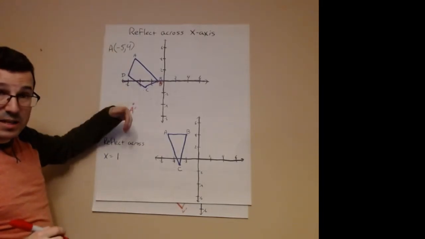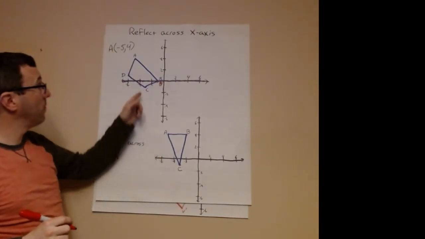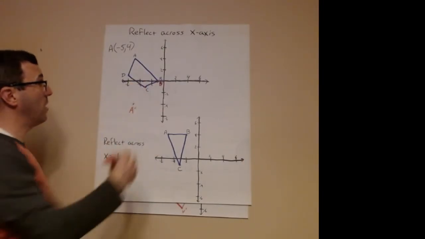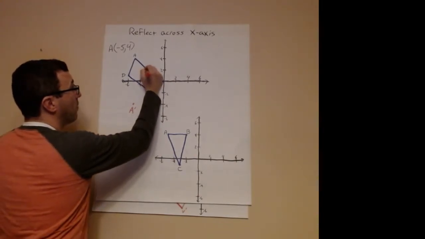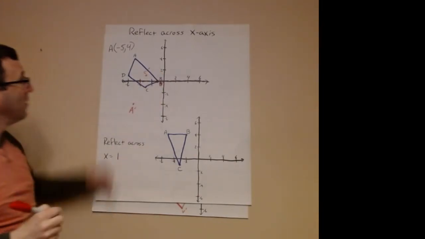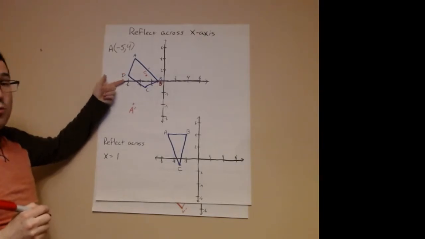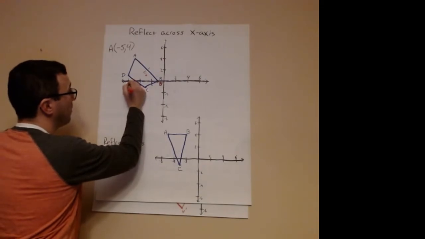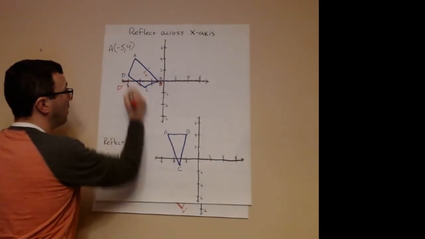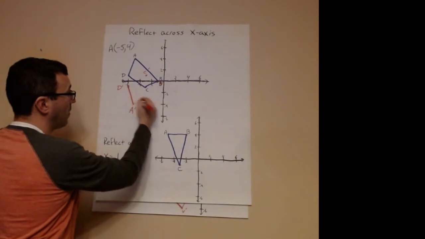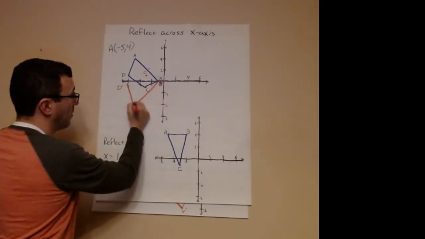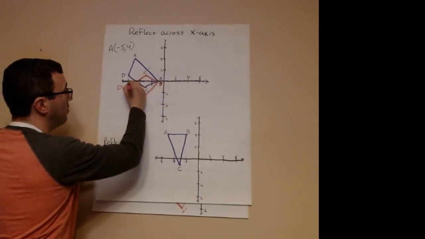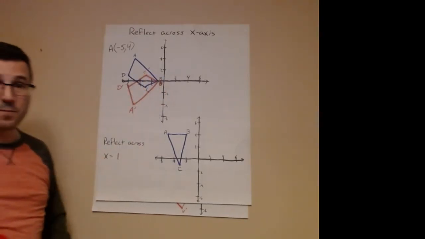C, well, C is 1 below the x-axis, I should say. So we're going to go 1 above for C prime. And D is 1 above, so D prime is going to be 1 below. So you see, these two shapes actually overlap.